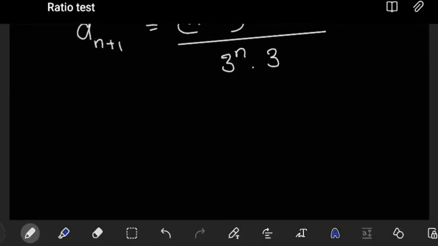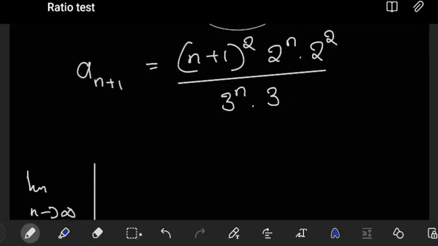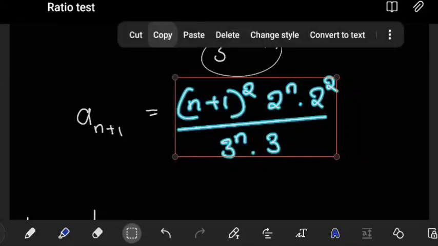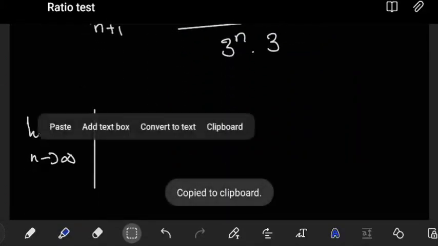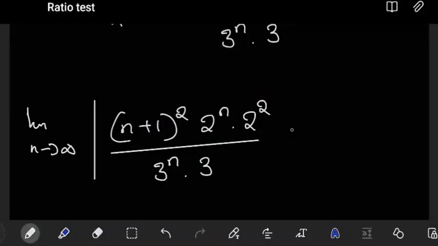Now we can get our limit. So now I want to test. You use the ratio test to perform the test. So we have the limit as n approaches infinity. Here it's the modulus of our a sub n plus 1, which is just this term. So we'll just copy it from here and plug it here. Now the test says we divide this by a sub n.